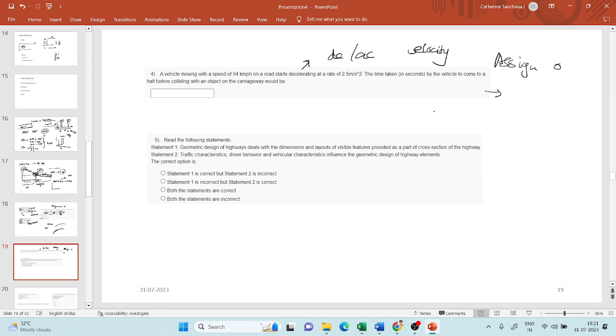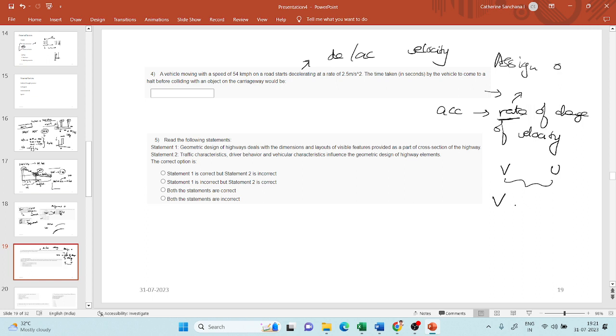Now, what is deceleration? What is acceleration? It is the rate of change of velocity, right? Let me take the final velocity as v and the initial velocity as u. So rate of change is change in this velocity with time. Any term which has the word rate means it is with respect to time.